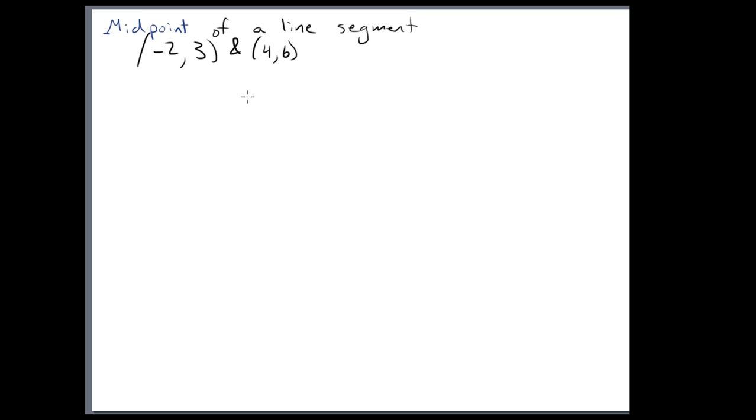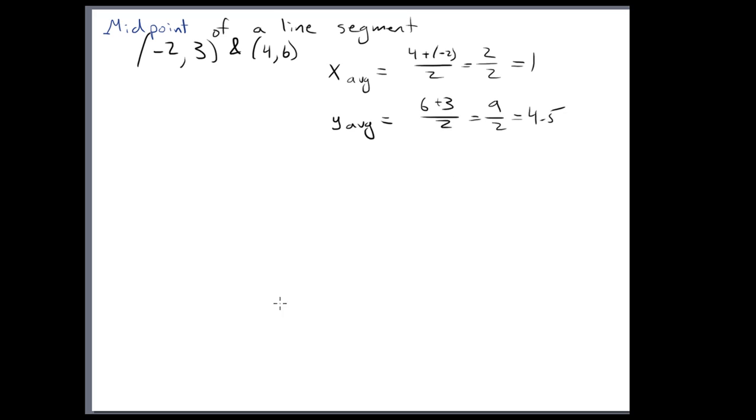I'm going to find the average of my x values. So 4 plus a negative 2 and divide it by 2. 2 divided by 2 is 1. That's halfway between my x coordinates. I do the same thing with my y coordinates. I take 6, I add 3 to it, I divide by 2. 9 over 2, let's call it 4.5. So what's the midpoint? 1, 4.5.